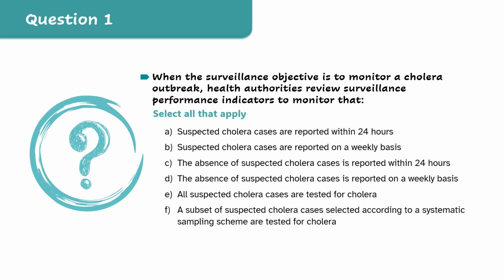C. The absence of suspected cholera cases is reported within 24 hours. D. The absence of suspected cholera cases is reported on a weekly basis. E. All suspected cholera cases are tested for cholera. F. A subset of suspected cholera cases selected according to a systematic sampling scheme are tested for cholera.